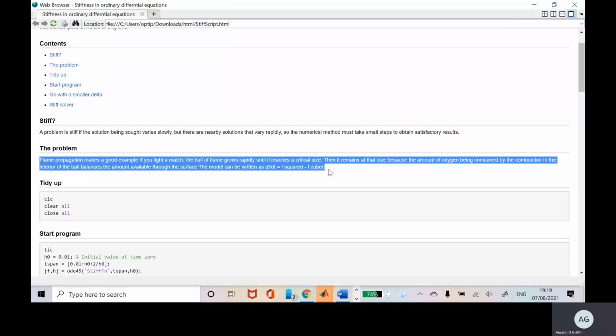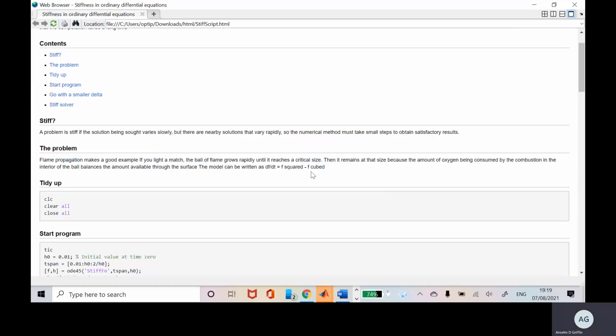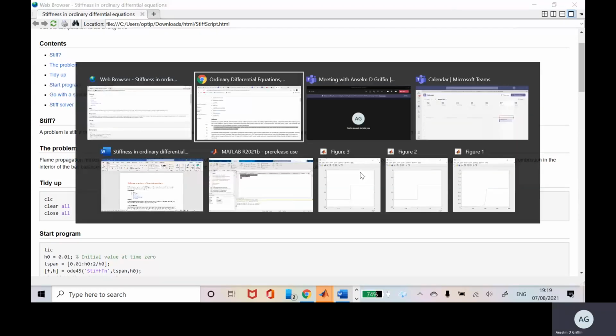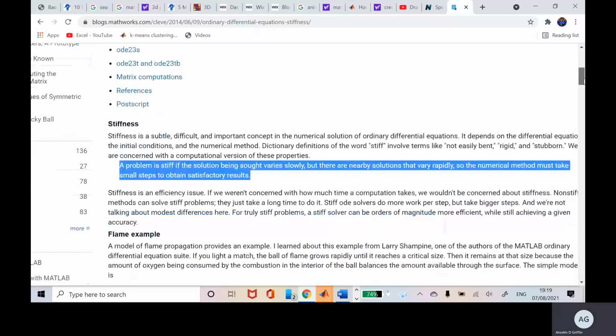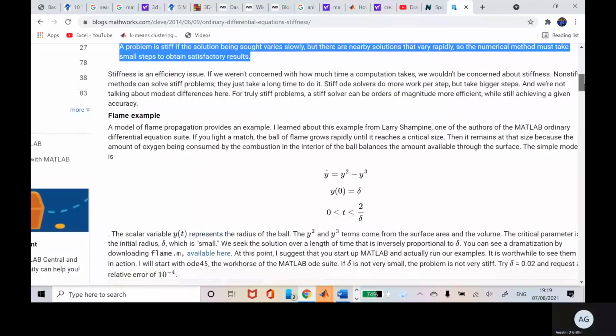So you light a match, it combusts, and there's a critical size, and then when you light the match, it remains at a critical size. So the differential equation is f squared minus f cubed. Cleve wrote it a little better here: y squared minus y cubed. y prime or y dot is y squared minus y cubed. Same thing. I just used f.